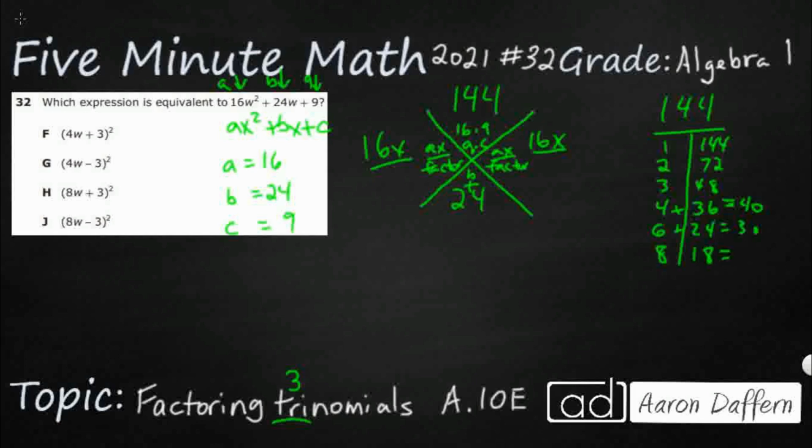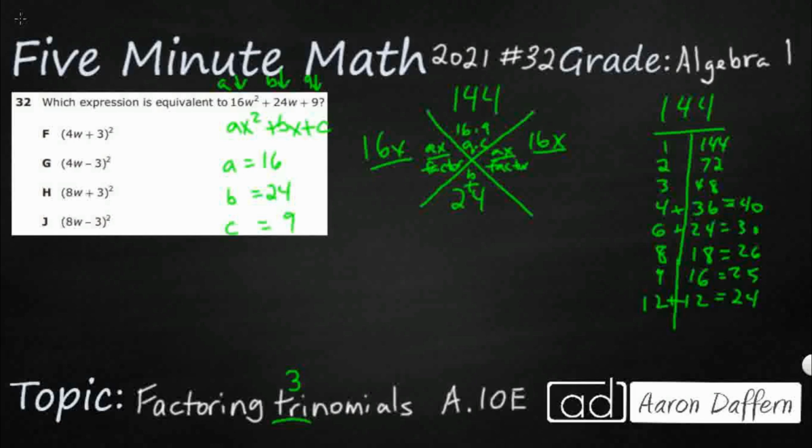All right, that's going to give me 26. Obviously, we did the 9 and the 16. That's 25. 10, no. 11, no. And what about 12? Oh, there we go. 12 and 12, the last two factors, but look at that. 12 plus 12 is going to get me my 24.